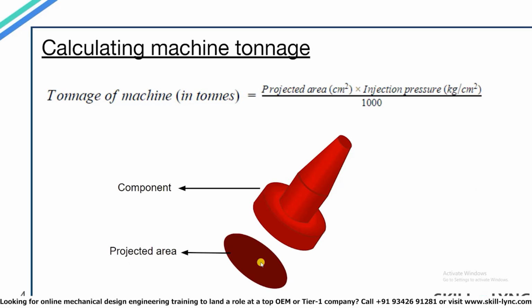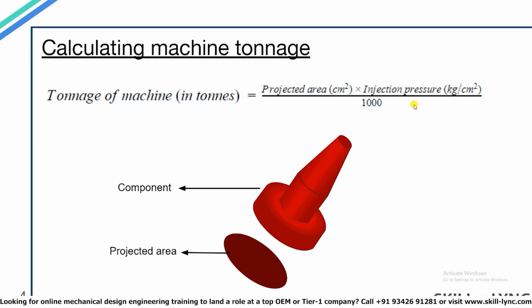So let's say the projected area which we found was around 35 centimeters square, and the injection pressure, if we use ABS material, would be around 500 kilograms per centimeter square. So if we multiply 35 by 500, which is around 17,500, and then divide by 1000, that gives you a value of 17.5. So 17.5 tons of clamping force will be required for this machine.